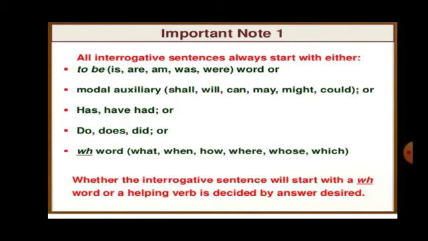That is, am, is, are we will put at the first place. If the sentence has a modal auxiliary, then we will write shall, will, can, may, might at the first place, or the other words like has, have, had at the first place. Or if there is no auxiliary, then we will write do, does, did at the first place to form the interrogative sentence. Whether the interrogative sentence will start with a WH word or a helping verb is decided by the answer desired.